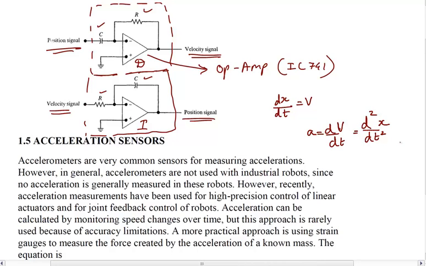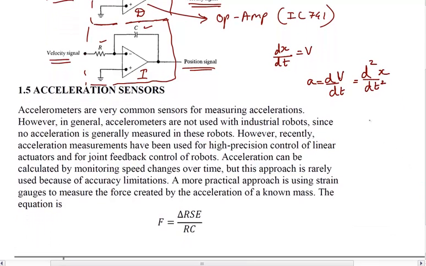But this is not a very good approach, because as I already told, the x signal has to be a very clean signal. For velocity we are getting pulses if it's not clean, so you can imagine how bad the signal will look when we try to calculate the acceleration, because we are going to double differentiate an unclean or noisy signal.